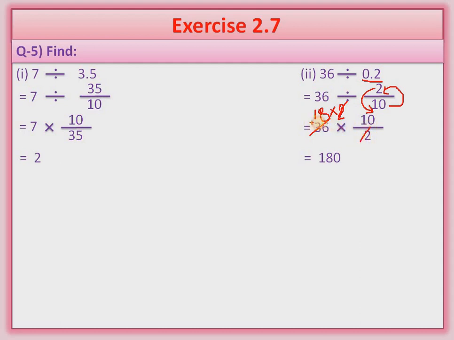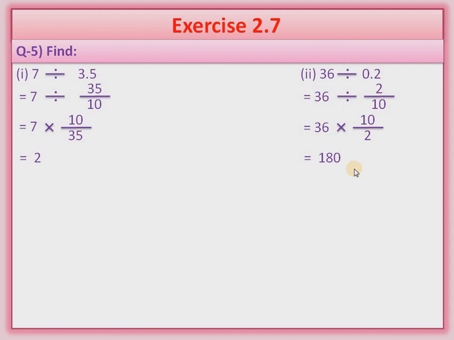The remaining number is 18 multiplied by 10. So 18 10s are 180. Clear? It is your answer. Just copy it in your CW book.